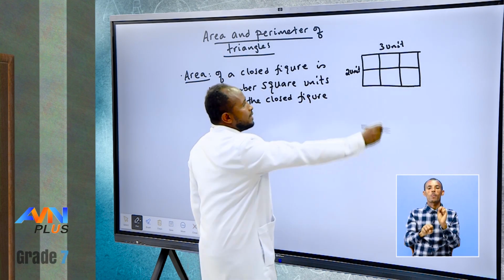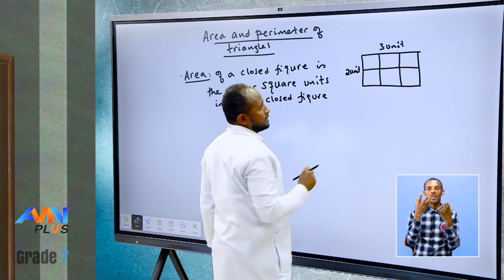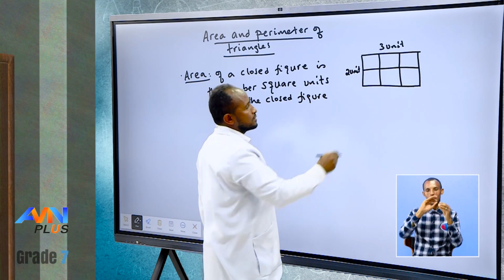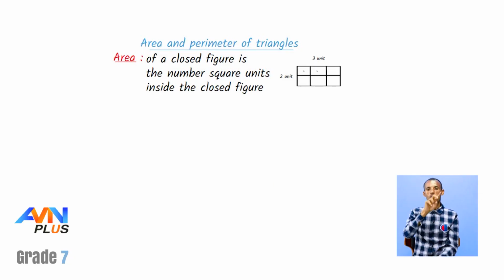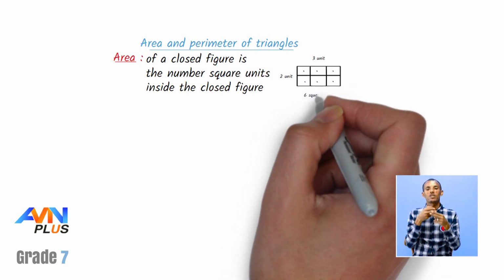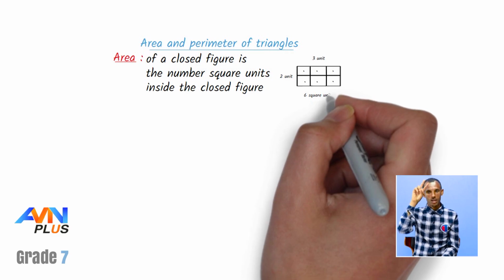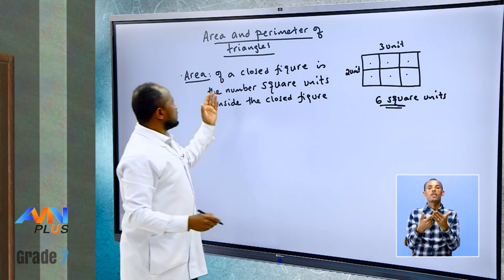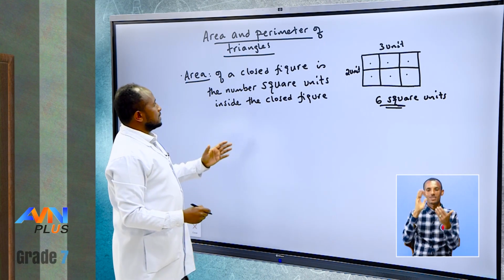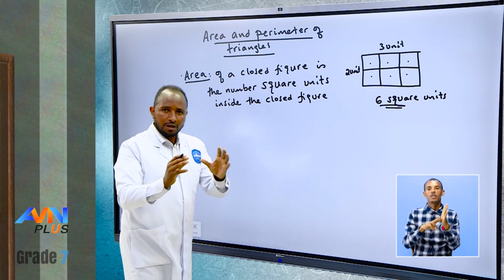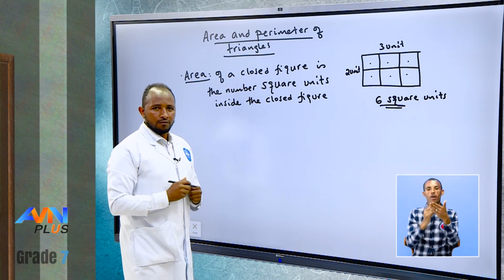How many square units do you have in this region? Simply you can count: 1, 2, 3, 4, 5, 6. So the area of this region is 6 square units. Therefore, the meaning of area is simply the number of square units inside that closed figure.